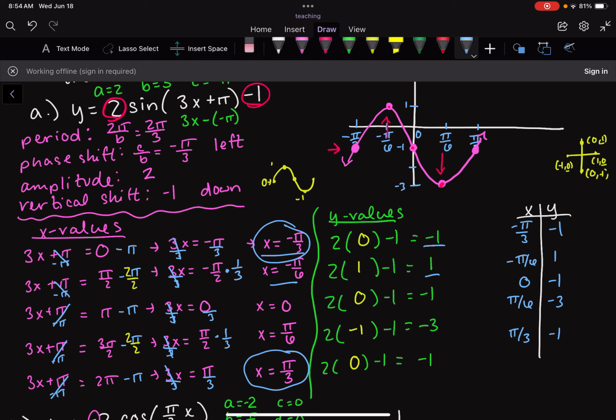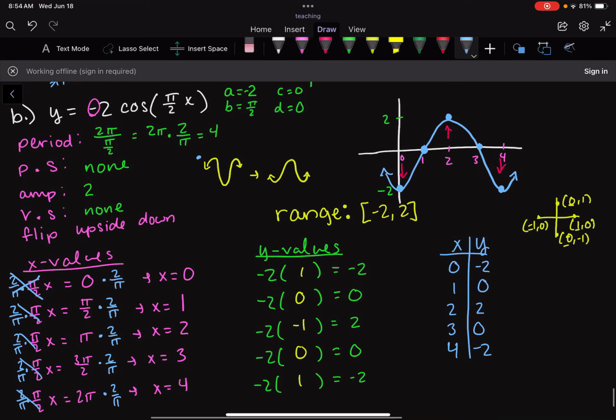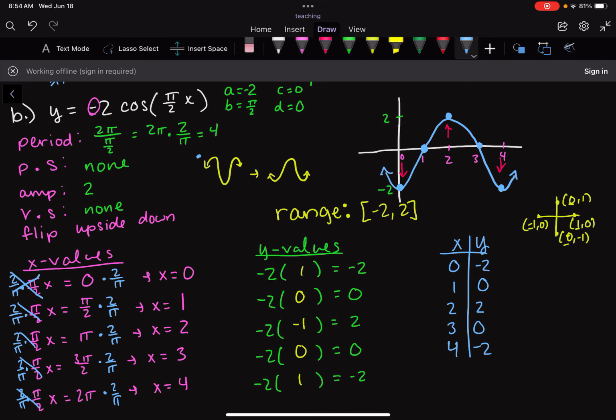If you take your biggest x value minus your smallest one and it doesn't equal your period, either there's something wrong with the x values or there's something wrong with your period. Now when we come down to part B, we can check it as well. My last x value is 4, first x value is 0. If I subtract that, I get 4, and 4 is also my period. So it makes sense. It checks out.